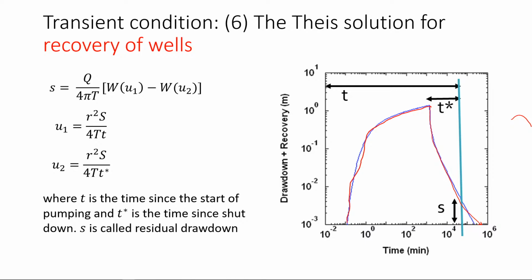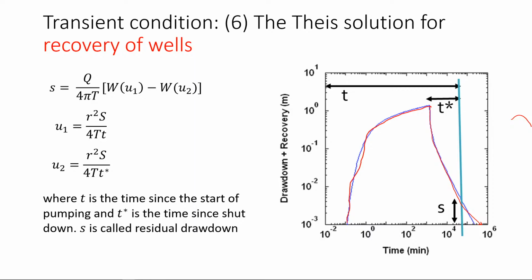So you remember I told you in the pumping test, you start pumping at a constant rate and you record the drawdown. And then you stop pumping. But when you stop pumping, why don't you continue recording the recovery, how your water table is going up again after you stop pumping? Then you will have two sets of data: drawdown and residual drawdown.